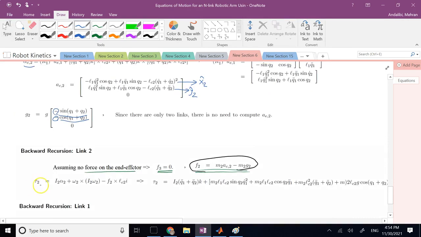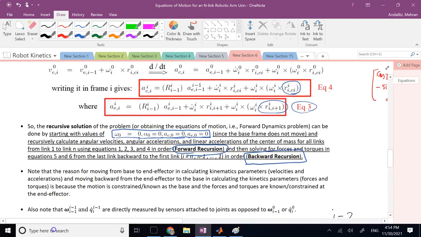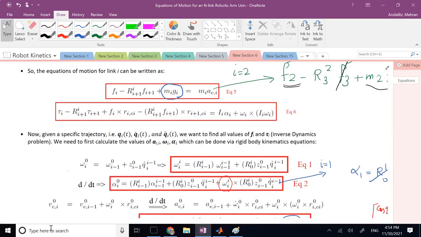And then you apply the moment torque equation, which is equation number 6. So here you're going to have tau2 and tau3, then you have F2 and F3. Remember F3, if I plug in I of 2 again.